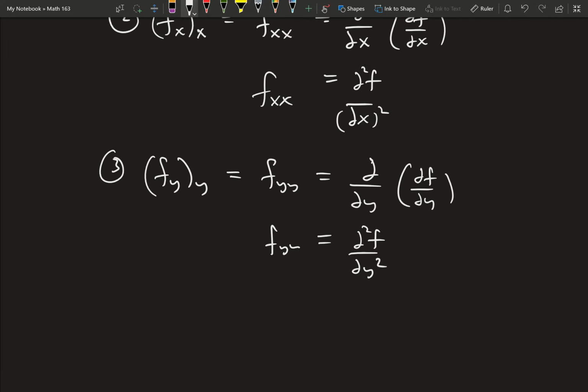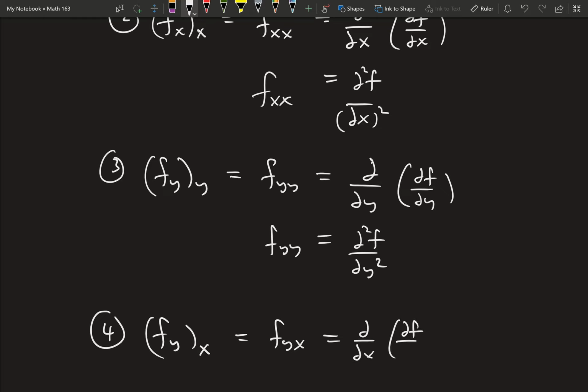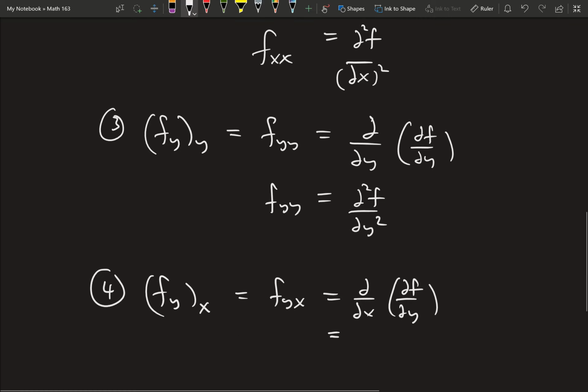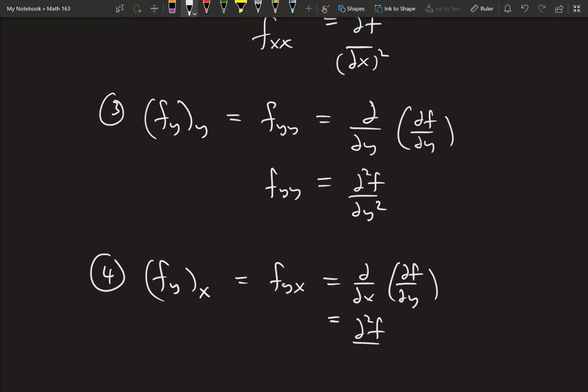That's the third one, and the fourth and last one is taking the partial of f with respect to y and then taking a derivative in the x direction to get f sub yx, which is the partial with respect to x of ∂f/∂y, giving us ∂²f/∂x∂y.